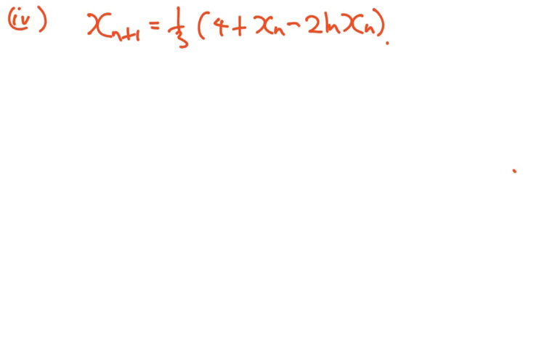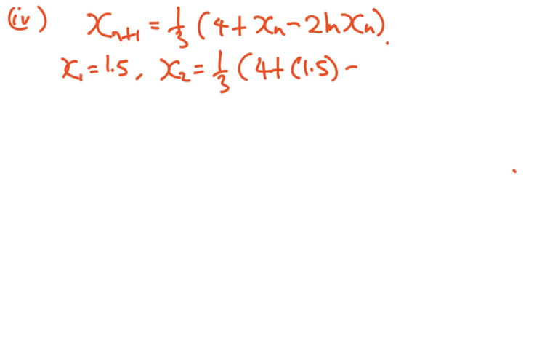Okay, part 4, iteration. xn plus 1 equals 1 over 3 (4 plus xn minus 2 ln xn). My first x value is 1.5. They've already given it. From here we can find x2, so just plug in your value: 4 plus 1.5 minus 2 ln 1.5.